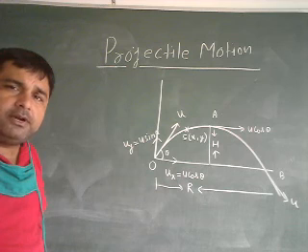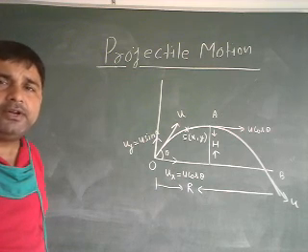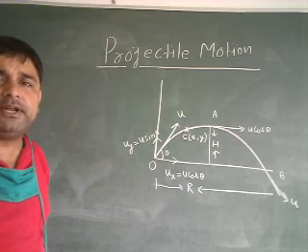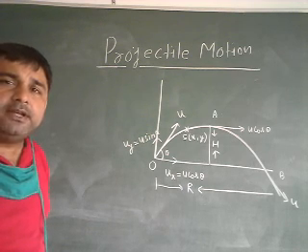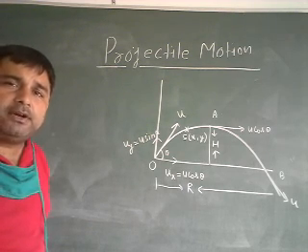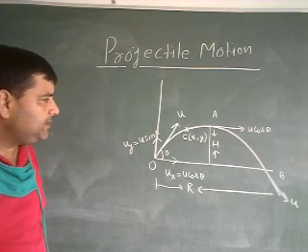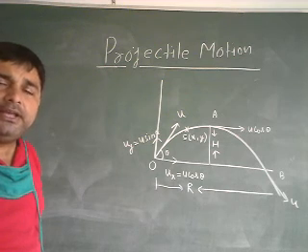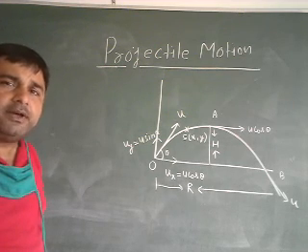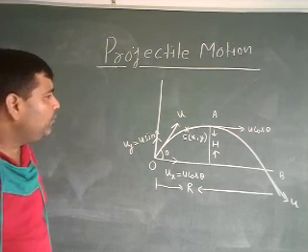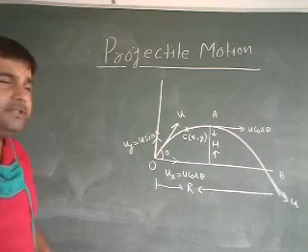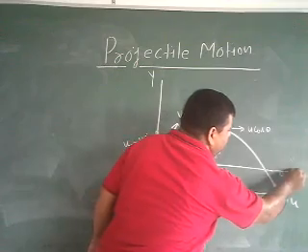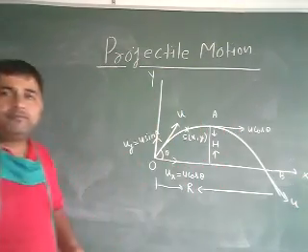The particle covers x and y coordinates simultaneously. This is the beauty of projectile motion. It means if the particle covers x distance in the OX motion in time t, then it will cover some y distance in the OY direction. This is your OY direction and this is your OX direction.